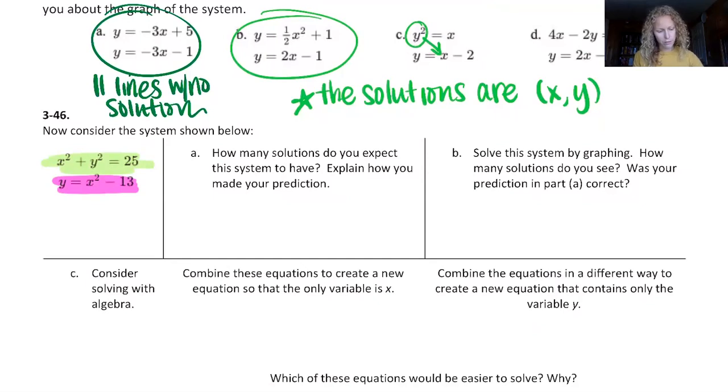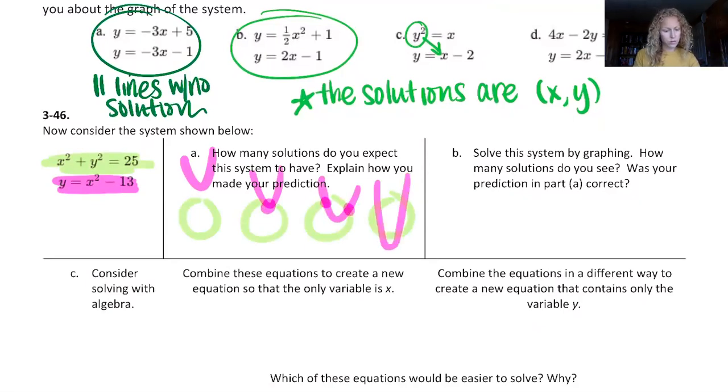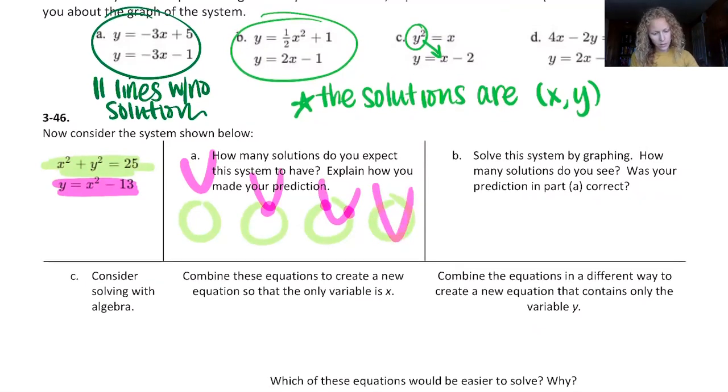If we have circles and we have a parabola, they could never touch. They could touch in one spot. They could maybe touch twice. They could touch, whoops, I'm gonna have to back up a second because I need another circle. They could touch, say, 3 times, and they could actually touch 4 times. There's a lot of options.